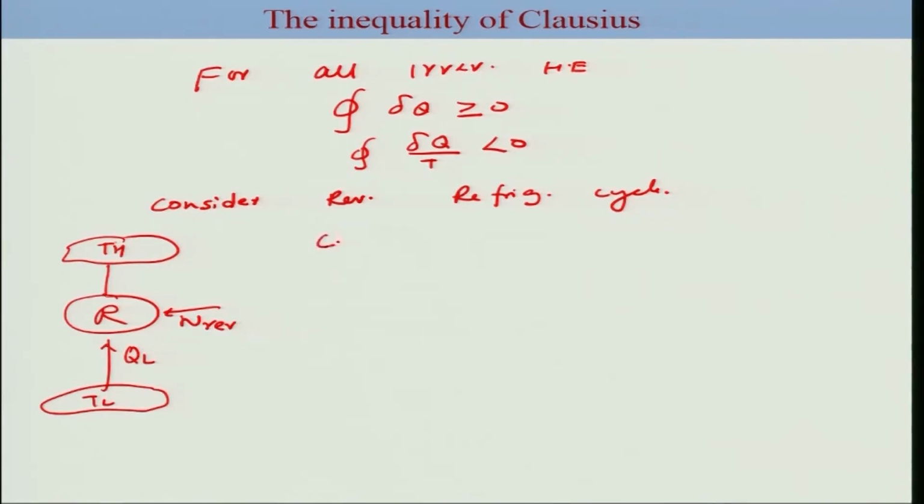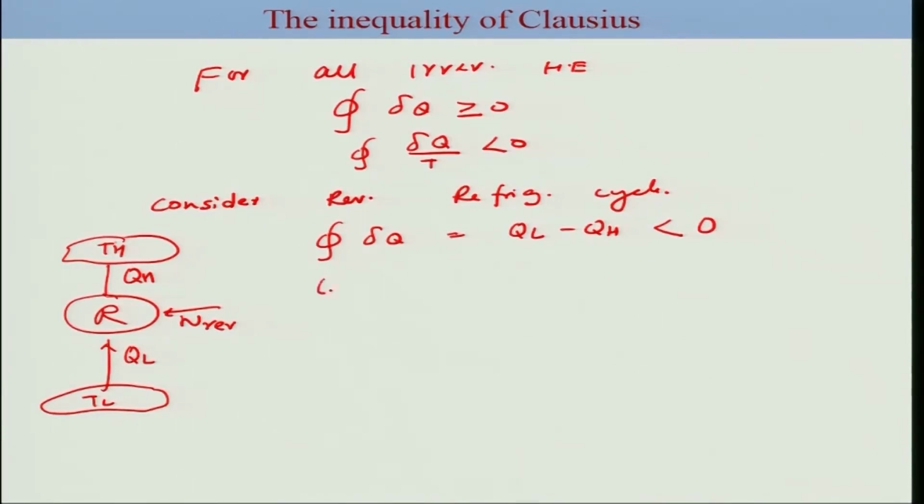Let's look at delta Q for this cycle. This is going to be QL into the system, and then QH out. Considering QH is going to be more than QL, because of the work supplied on the refrigerator, the work input to the refrigerator, thus QL minus QH is going to be 0.